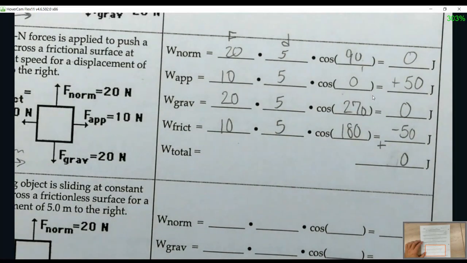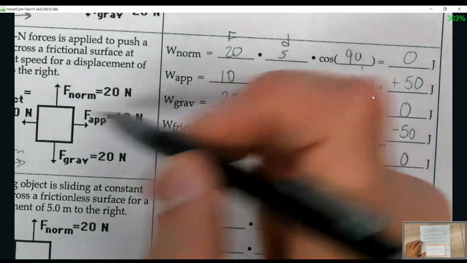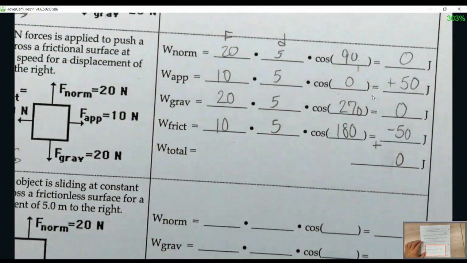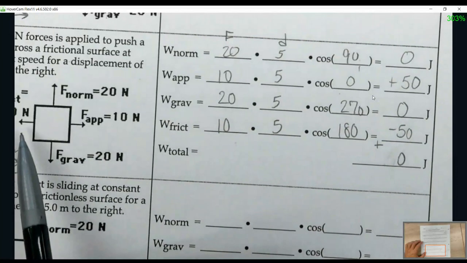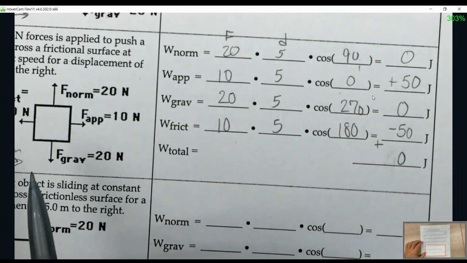Friction is doing work on the object. The normal force is technically doing work on the object. You have gravitational force doing work on the object. Now, those two happen to be 0, but your applied force and friction force are not. Remember when I said if force and distance are in the opposite direction, we said this yesterday.